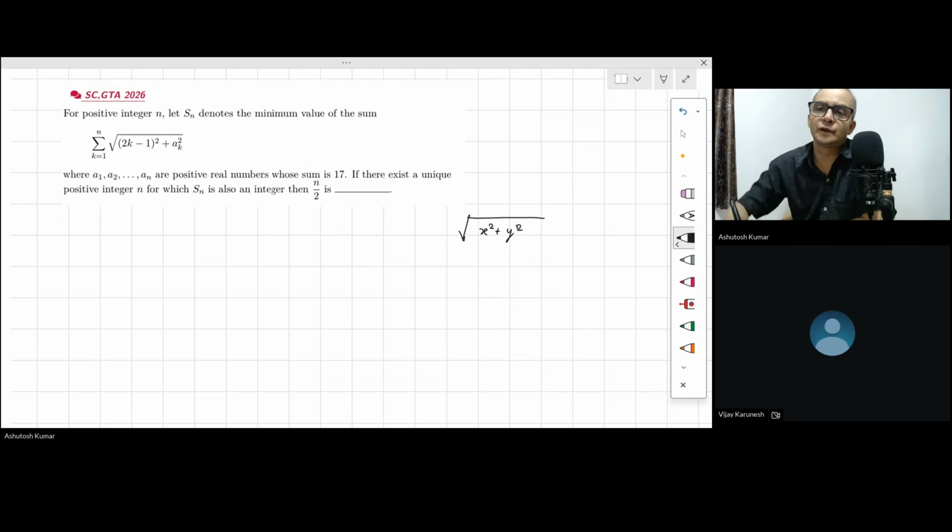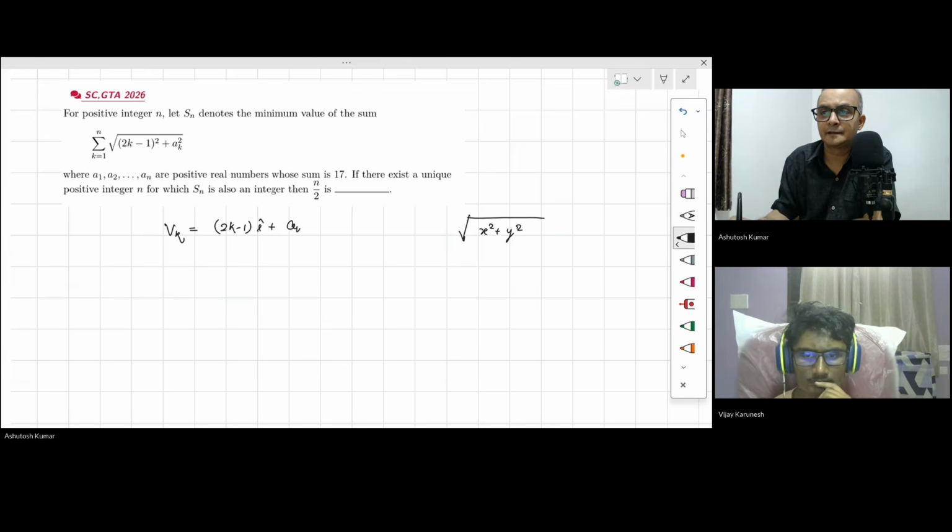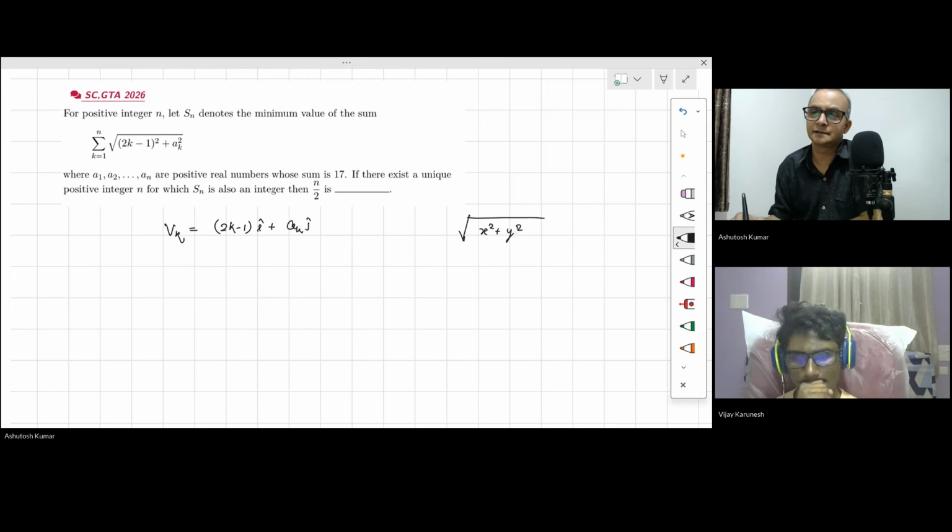What we are actually doing, suppose I'm taking the first vector, let us say, the VK. The VK represents a vector like this, 2k minus 1 i cap and ak j cap. Can you write like this?